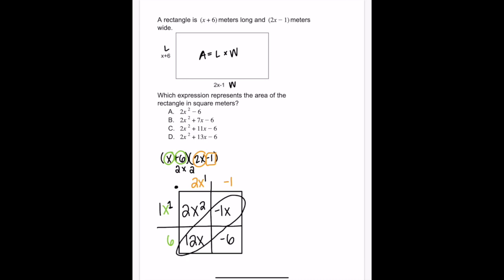So when we simplify, that's going to be 2x squared minus 1x plus 12x minus 6. And we can combine those like terms. So 12 minus 1, or negative 1 plus 12, is positive 11. And that is our final answer. We cannot simplify anymore because we don't have any more like terms.